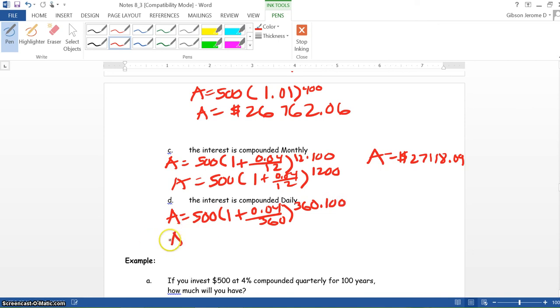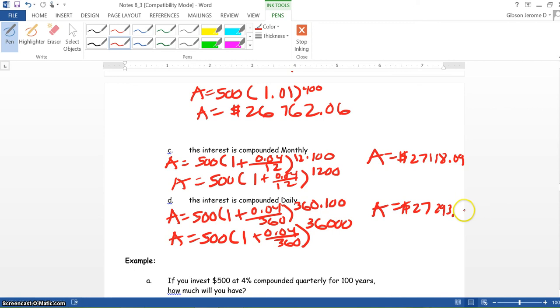So we will have A is equal to 500 times 1 plus 0.04 over 360 to the power of 36,000. And this will give us the final answer of $27,293.01. And that is our final answer.